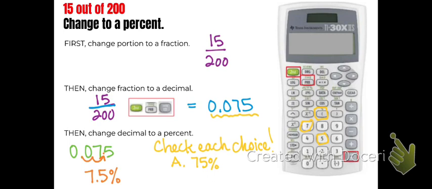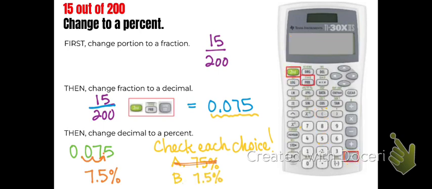So 75, second percent button, and it's going to say 75%. And then when I click equals, it'll tell me what it equals as a decimal, 0.75. So I know my answer is not A, so then I move on to choice B.